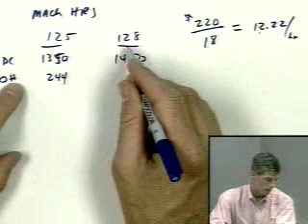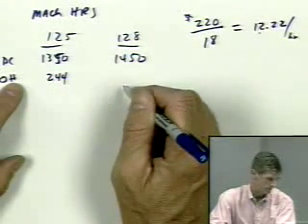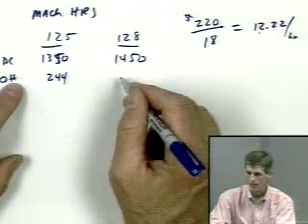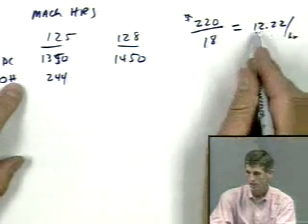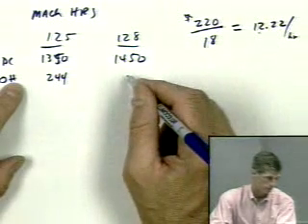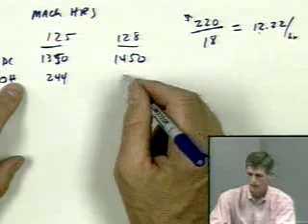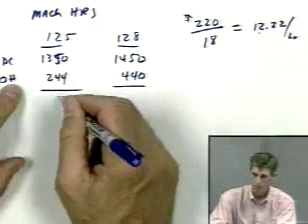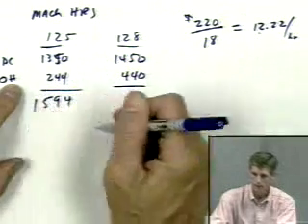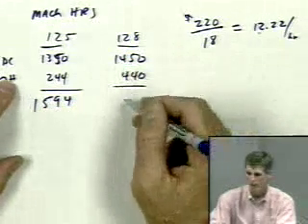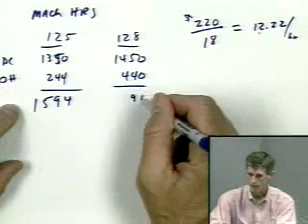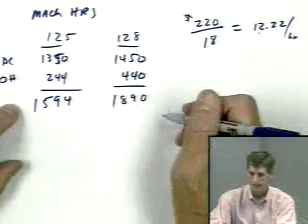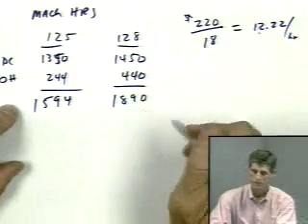Product 128 uses how many? 36 machine hours times 12.22, which is about 440. Now we add up our total cost. 1594. Here we add up 1890. That was a very good year, incidentally.